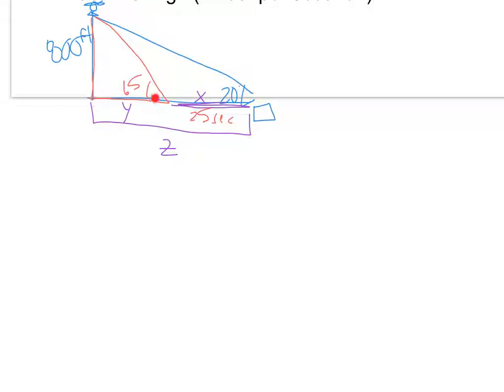Now I'm dealing with this triangle right here. For both of these problems, I have my opposite and my adjacent. But I'm dealing with two separate triangles. So in order to figure out what x is equal to, I'm going to have to take z and subtract off y. That will give me the distance that I traveled. So both of them are going to be tangent.